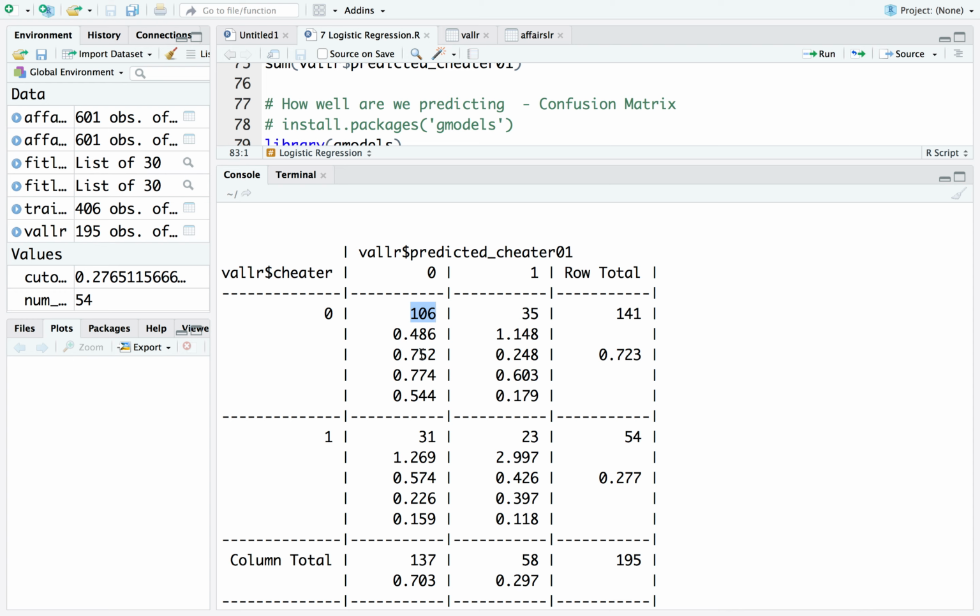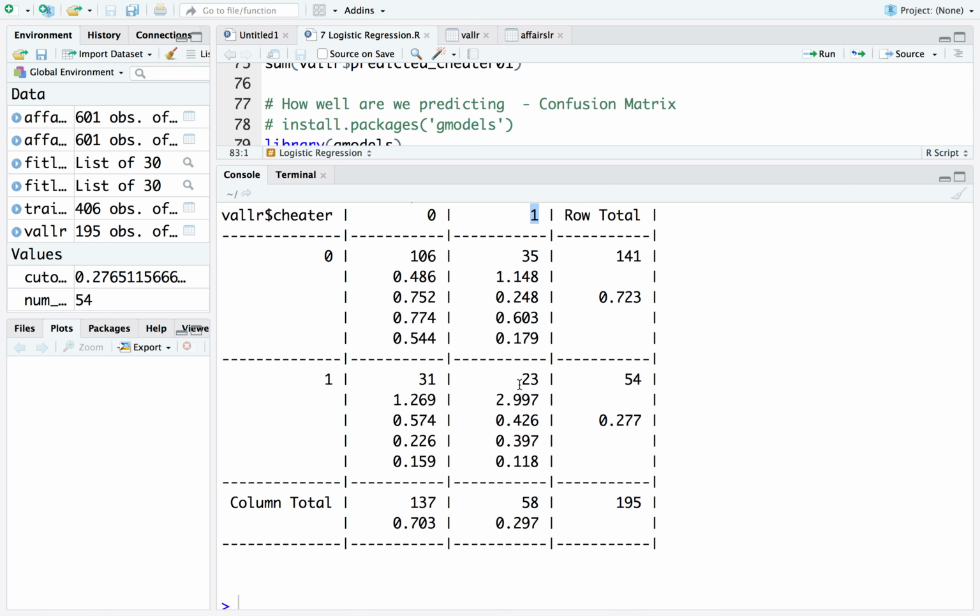We have our row percent here. 75% of the non-cheaters were accurately classified as non-cheaters. 24.8% of the non-cheaters were falsely accused of being cheaters.